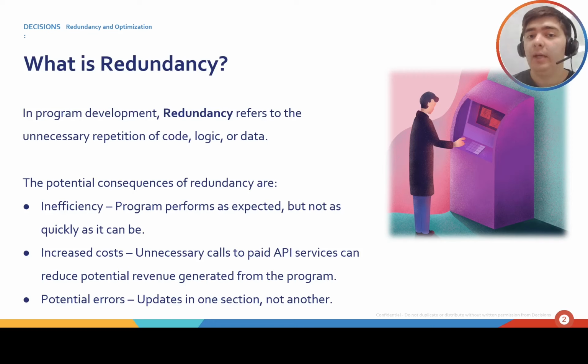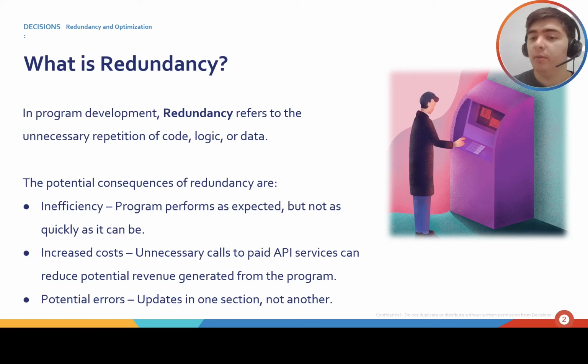If you're making more API calls than you need to, you're paying for those services. The other thing that it can cause is potential errors in your code. If you have multiple sections of the same logic over and over again, and you have to update each one manually for any new process being added, there's a higher likelihood of errors occurring in that update process. So, we're going to help you identify these types of redundancy to avoid these issues.